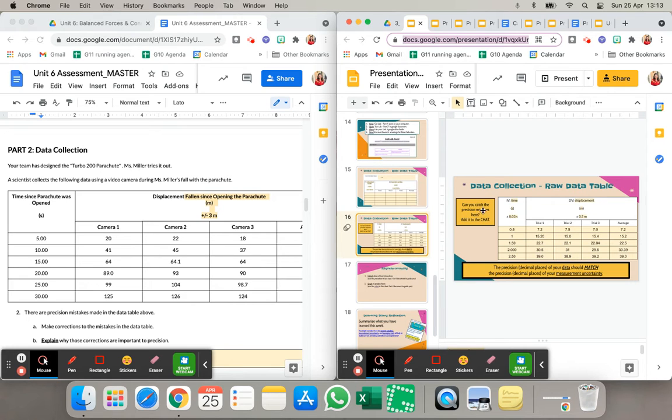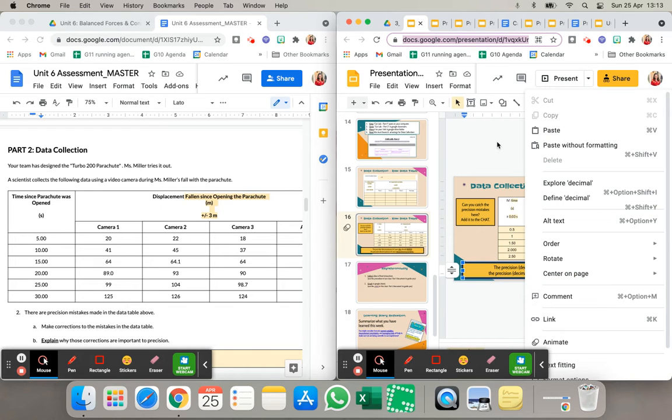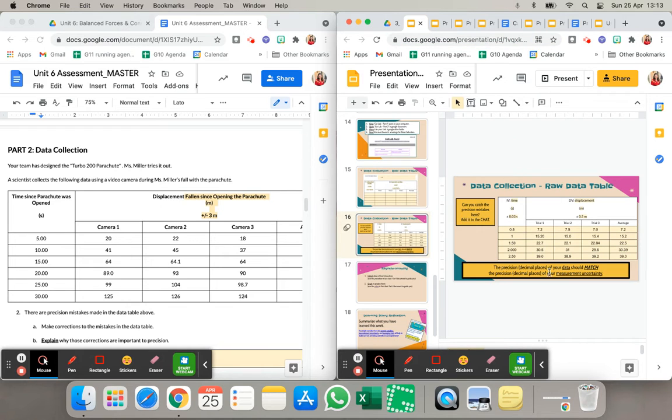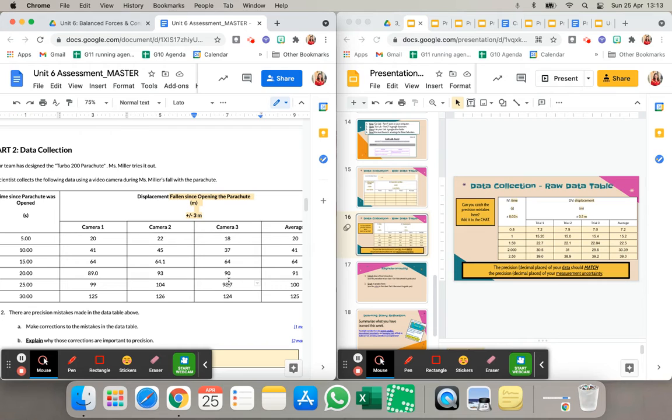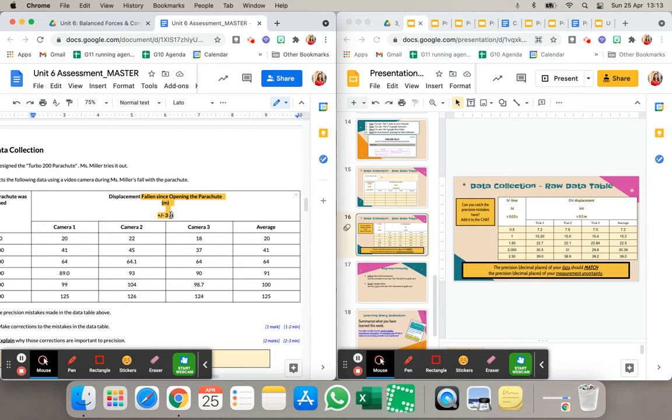This is slide 16. And you were, of course, noticing that the precision of your data should match the precision of your measurement uncertainty. So it's not that one data point needs to match another data point. It's that all of your data points need to match your measurement uncertainty.